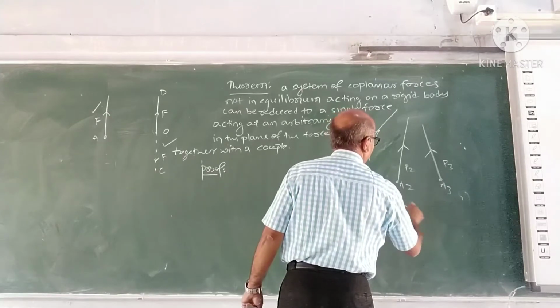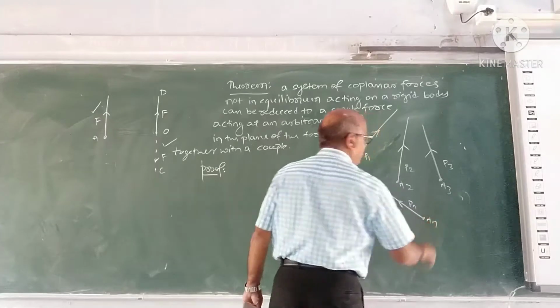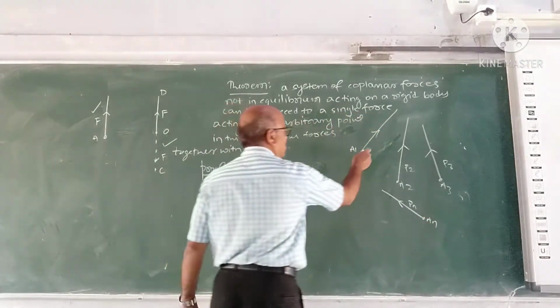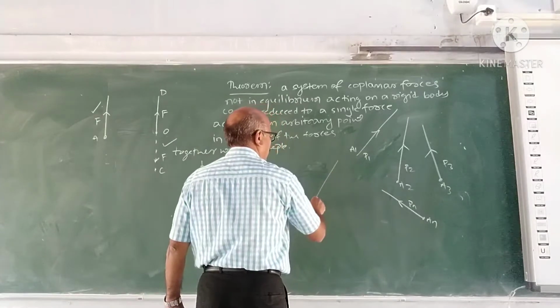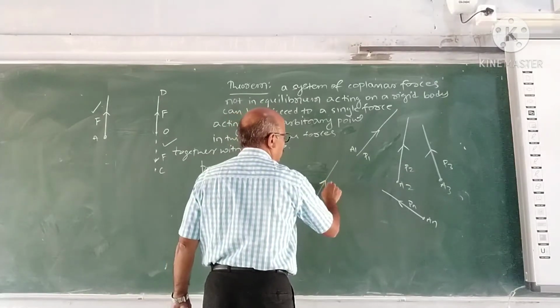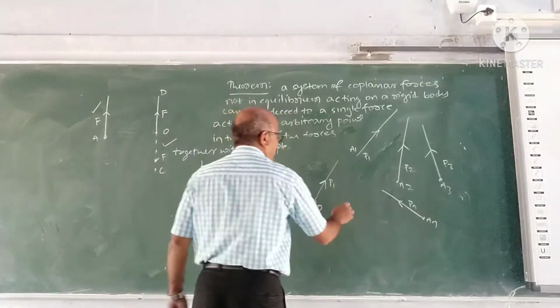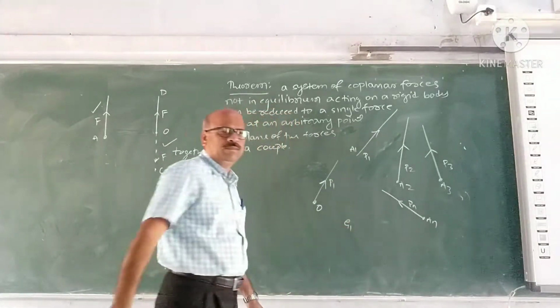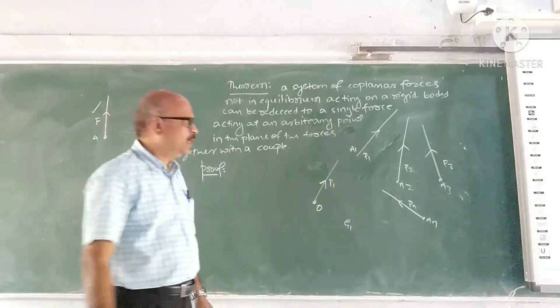Now here, replace this force P1 acting through A1, and take P2, P3, etc., Pn acting through A2, A3, etc., An. We replace this force P1 acting through A1 by an equivalent parallel force P1 through O together with a couple of moment G1.